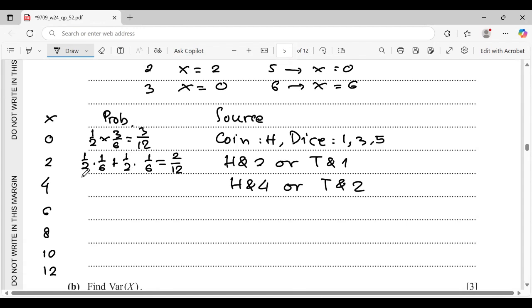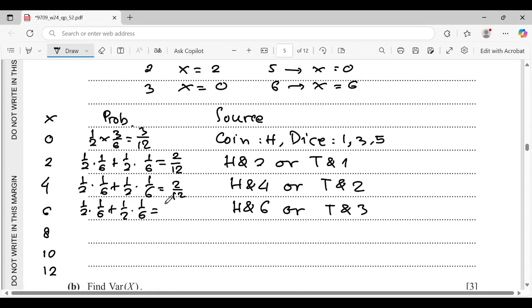And the probability is 1/2 times 1 over 6 plus 1/2 times 1 over 6 equals 2 over 12. And if x equals 6, the source is head and 6 or tail and 3. And the probability is 1/2 times 1 over 6 plus 1/2 times 1 over 6, 2 over 12.